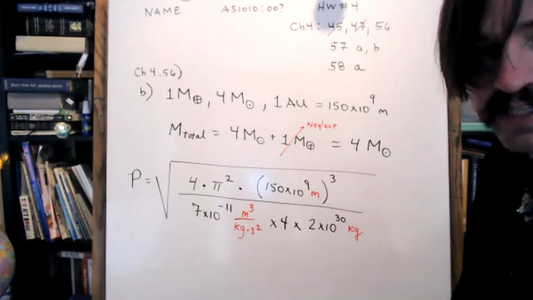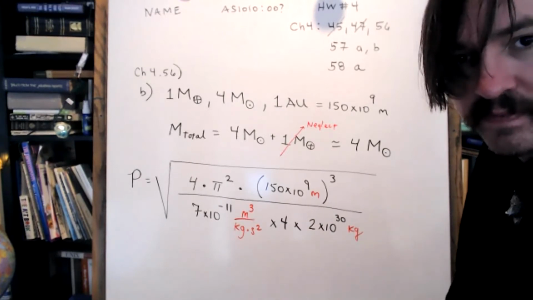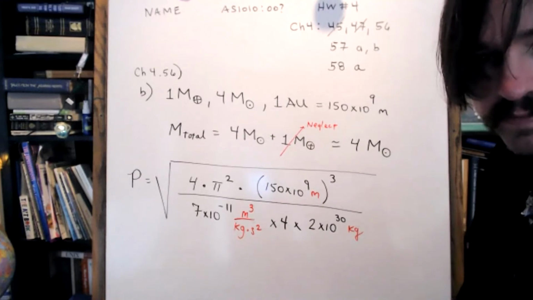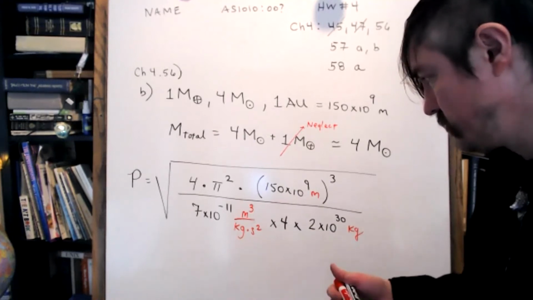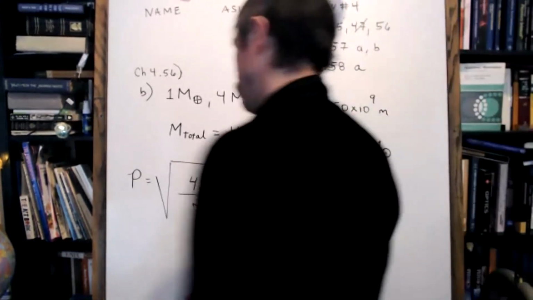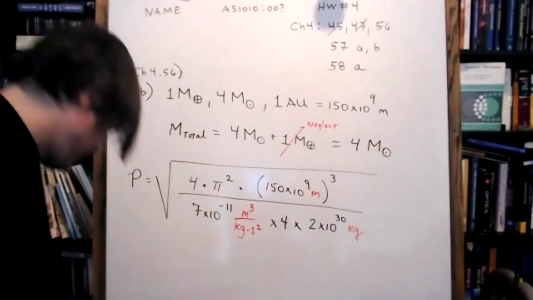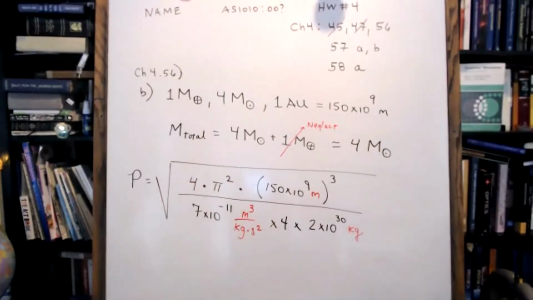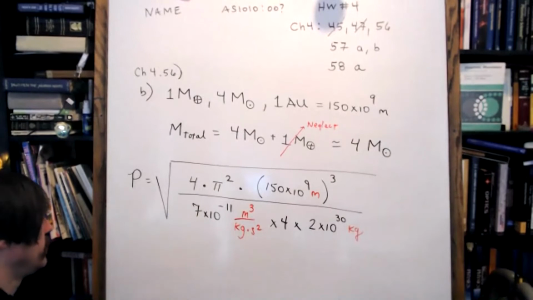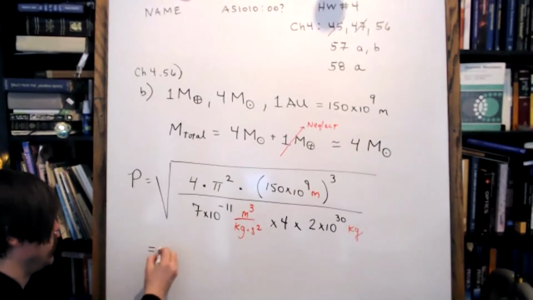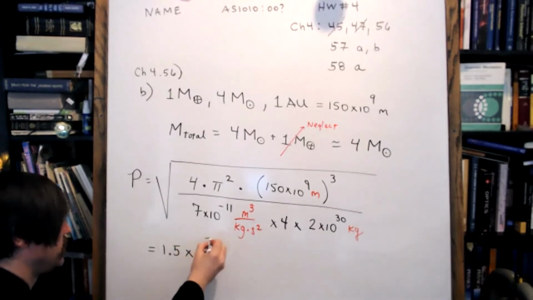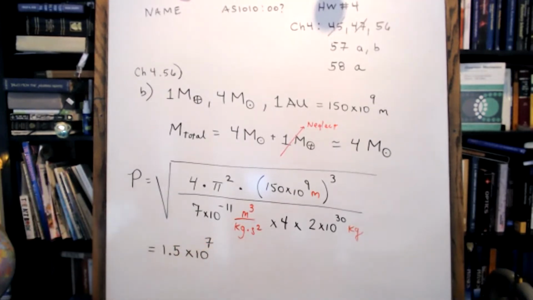Okay. Just take that number and hit square root. Yep. So that would be, let's say, 1.5 times 10 to the 7th. Units? And that is in seconds.